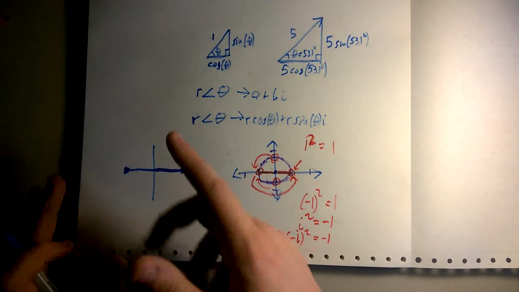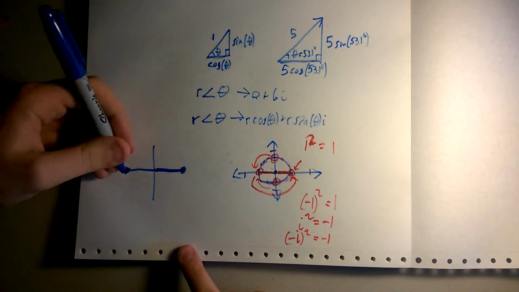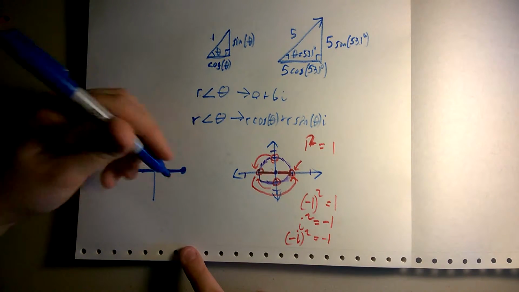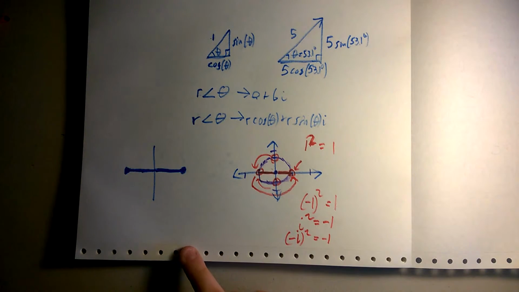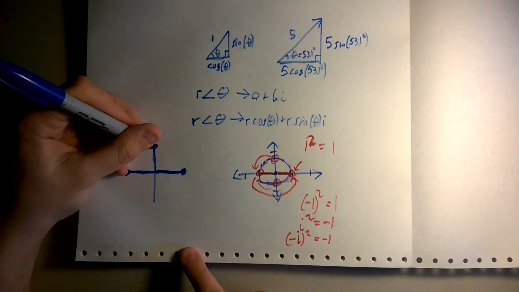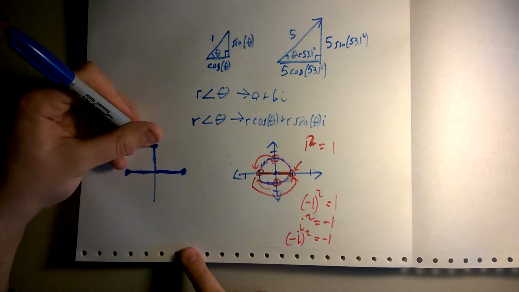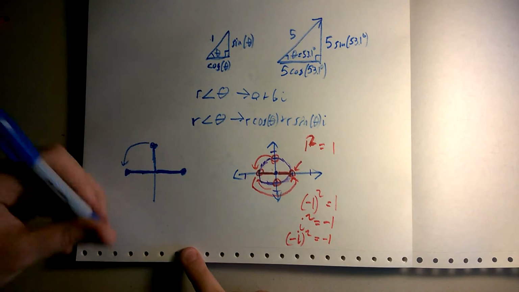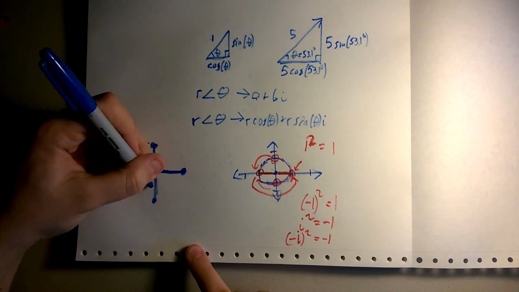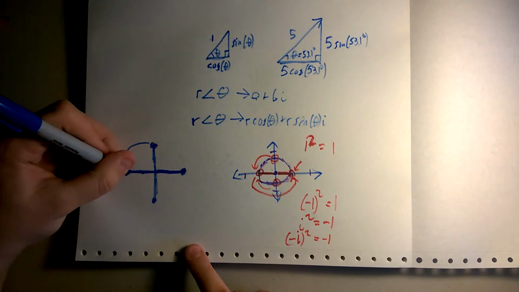There's infinite angles that get you to that exact same point. But no matter what those angles are, they will always add to themselves to get you to this point when you rotate it. Now what's interesting about this one, this is 90 degrees. So if you multiply by itself, 90 degrees plus 90 degrees is 180, bringing you to here. If you think about this one, you can think of it as two ways. You can think of it as negative 90, so negative 90 plus negative 90 brings you to this guy.